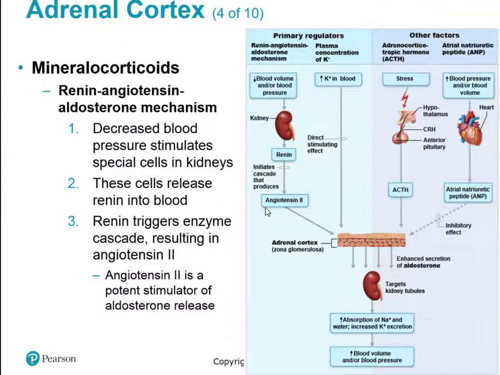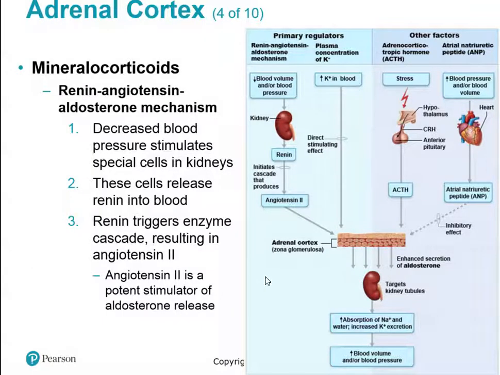One of the intermediary substances in this process is angiotensin 2. By itself, angiotensin 2 is a potent vasoconstrictor, so it can also help to increase blood pressure. But it also stimulates release of aldosterone from the adrenal glands.